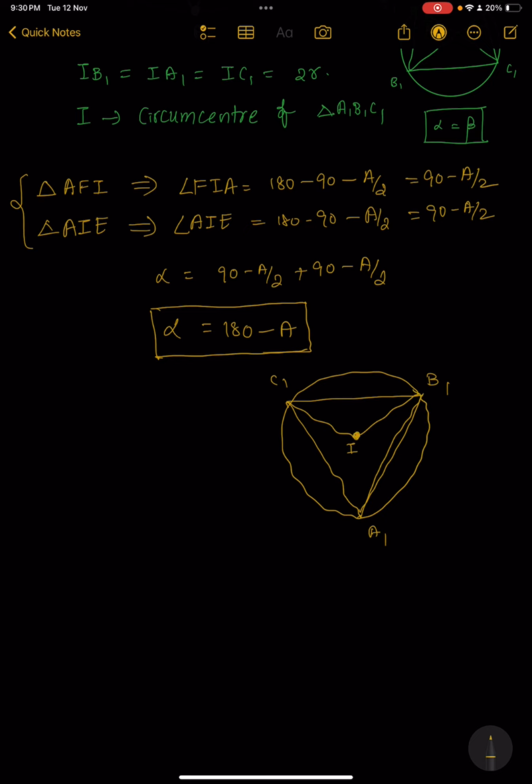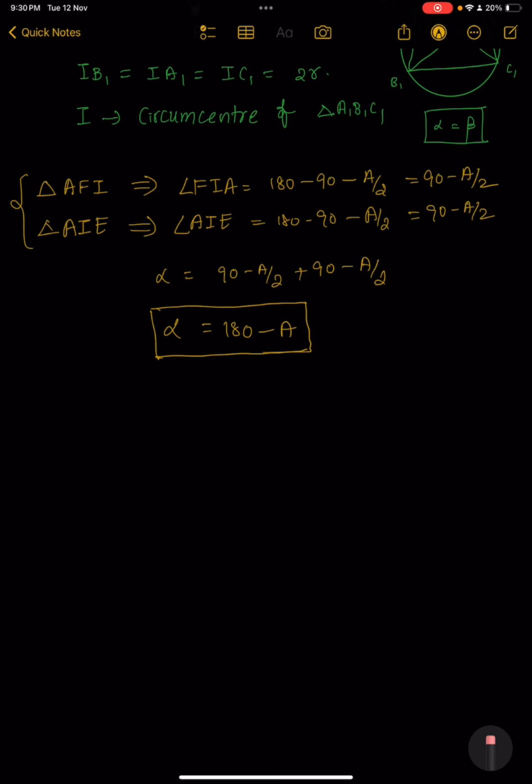I is the circumcenter and we know this angle. So then this angle will be half of this angle, right? This is the property in circle. Angle B1 I C1 is equal to 2 times angle C1 A1 B1, correct? So the angle at A1 will be alpha by 2, correct?